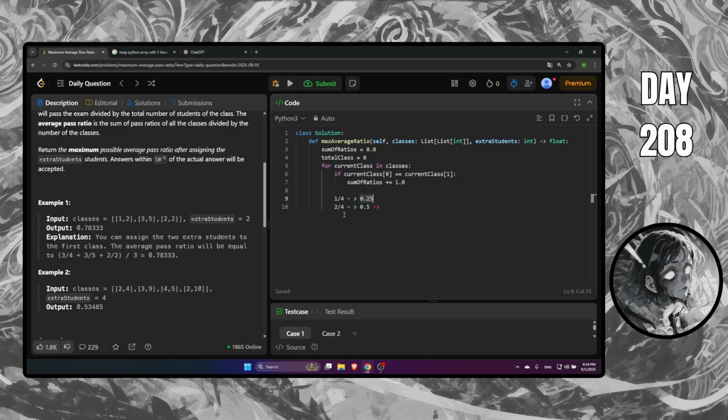And if we add the students, we're gonna have 2 divided by 5 and 3 divided by 5, which is gonna be 0.4 and 0.6. So here we are increasing 0.15, and here we are increasing 0.1.